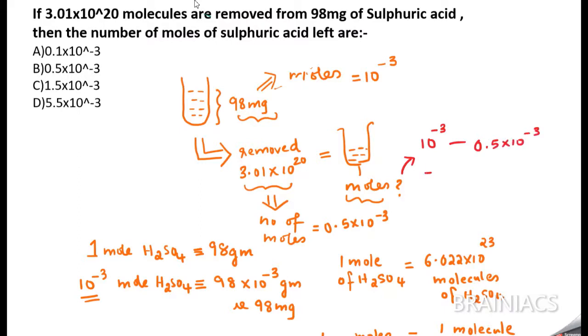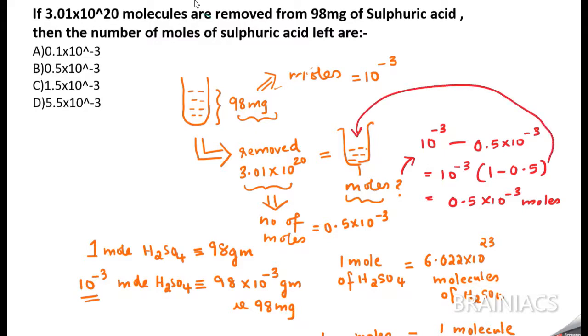I can take 10 power minus 3 common, so this becomes 1 minus 0.5, and the final value is 0.5 into 10 power minus 3 moles left behind. So the answer is 0.5 into 10 power minus 3.